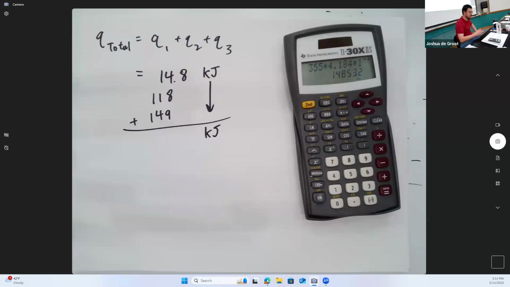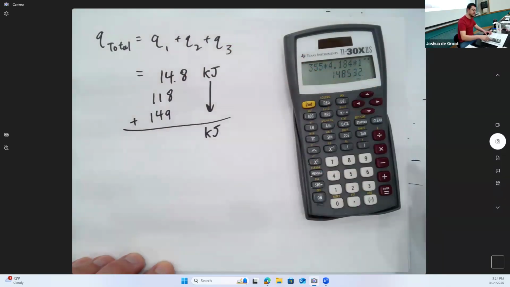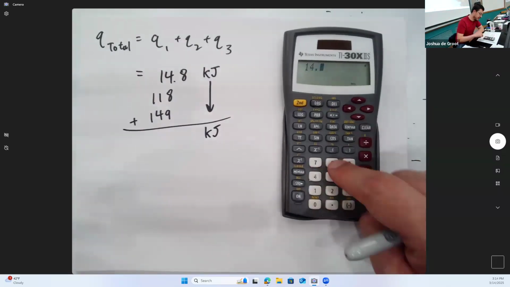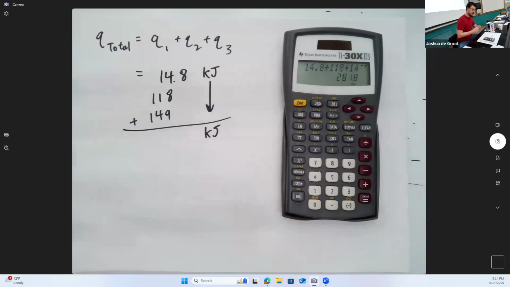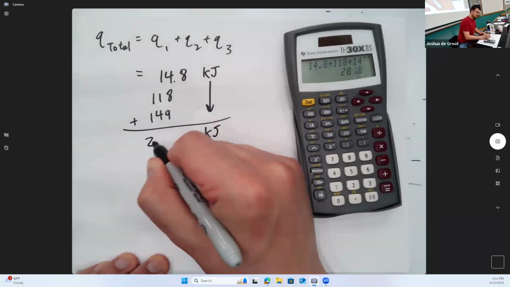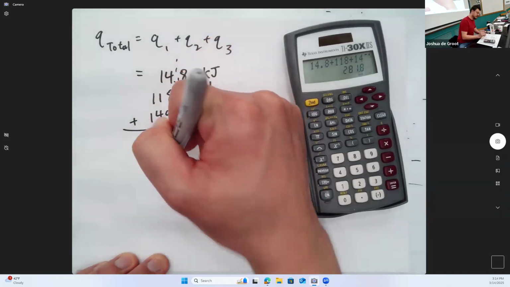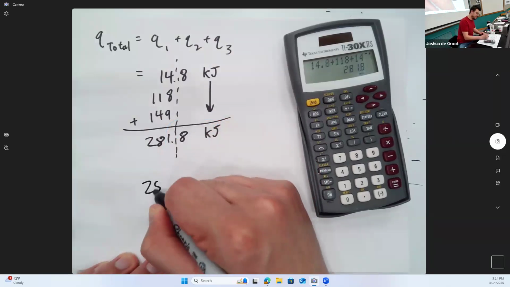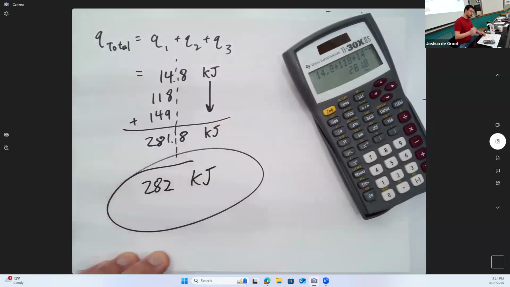I've had a change of heart. Our last significant digit is in the ones place, so that's where we're going to end our significant digits. 14.8 plus 118 plus 149. Enter. 281.8. But again, our sig digits end in the ones place, so this rounds up like the weed killer to 282 kilojoules.